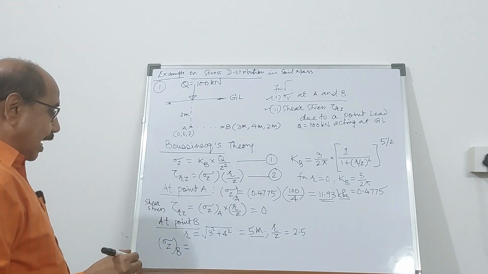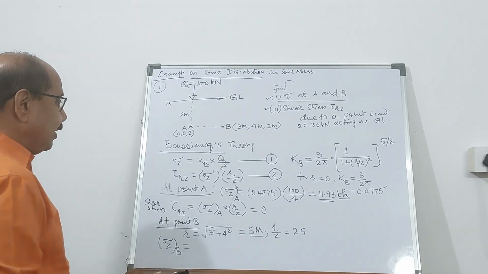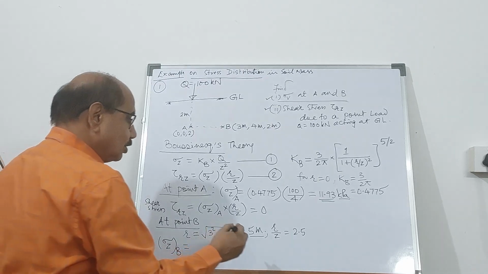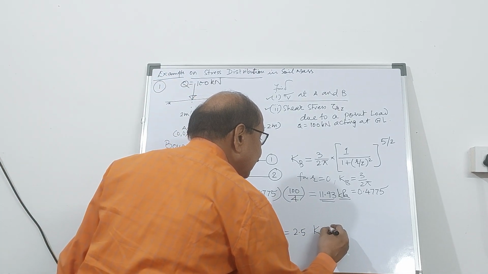Now, for that, you need to know the value of Kb. So Kb, as you know, this is the expression. So you can use this expression and find out the value of Kb.